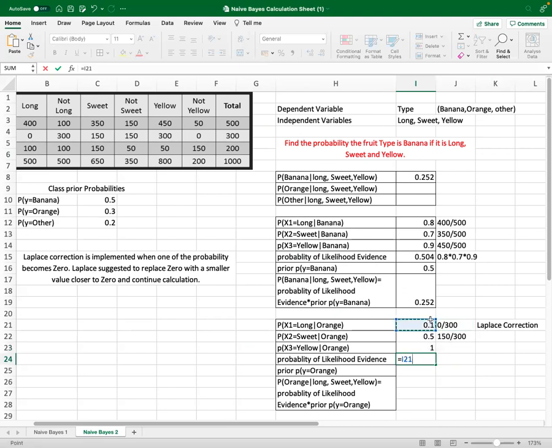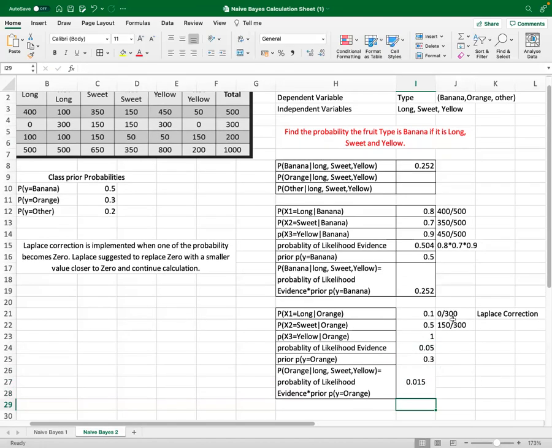So likelihood is 0.1 into 0.5 into 1. Probability of orange is 0.3. Is equal to 0.05 into 0.3, 0.015.